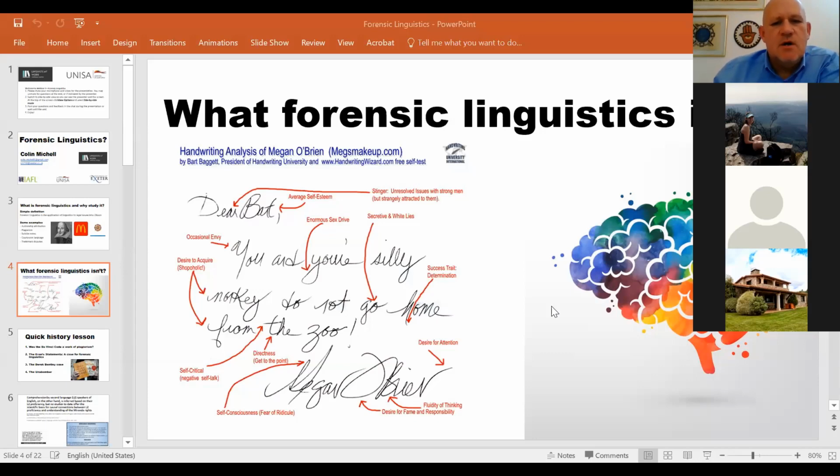But for me, I think using the stylometric together with the stylistics is probably the best way to do this.